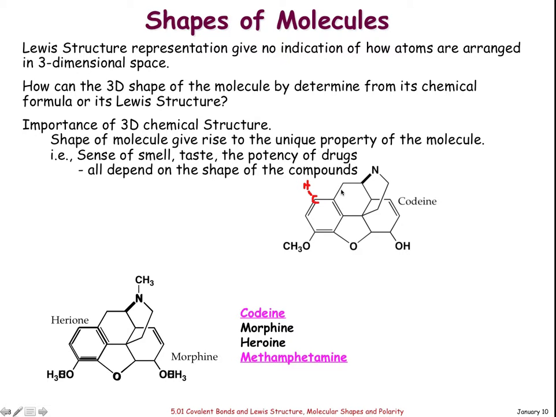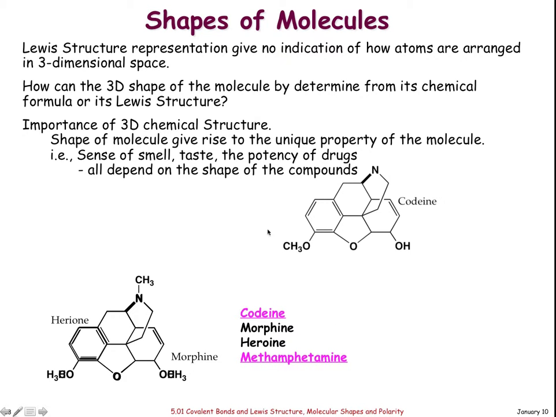Here there's two lines going to this angle, so that's a carbon, and the fact that you see two lines means that that carbon has two bonds, the other two has got to have hydrogen. Here what we have is a carbon. We've got 1, 2, 3, 4 lines going in, so that carbon doesn't have any hydrogens. So that's how you would interpret this line structure for codeine. So that's the structure of codeine.